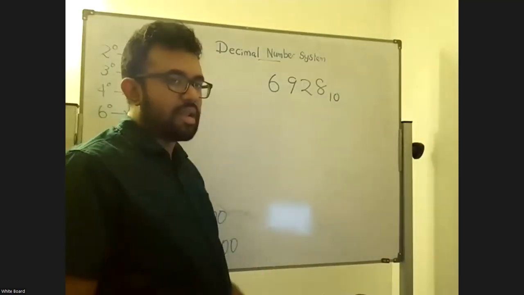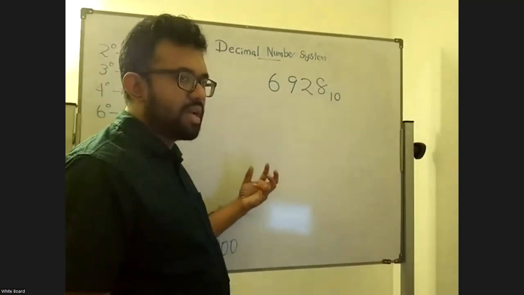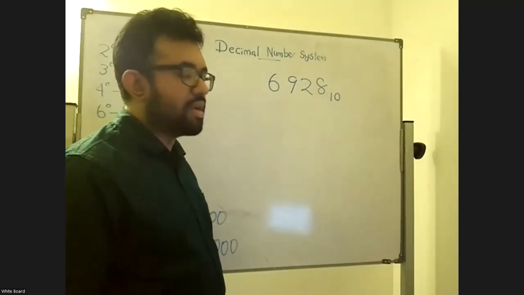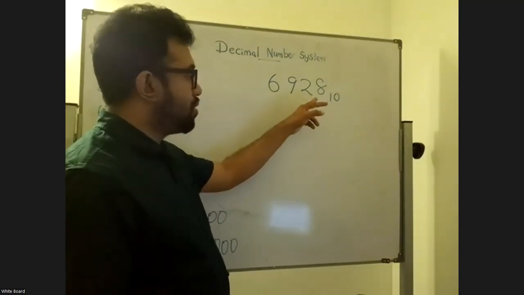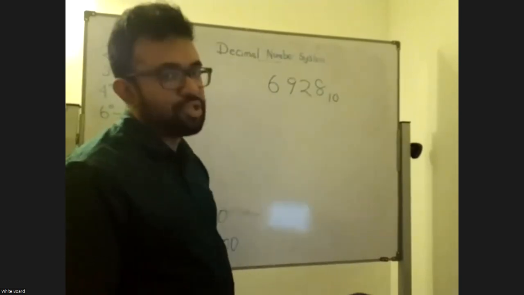Right? So you have to multiply the placeholder value with the value that is on this position.